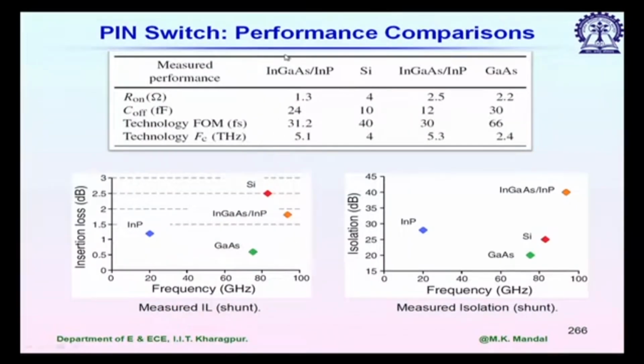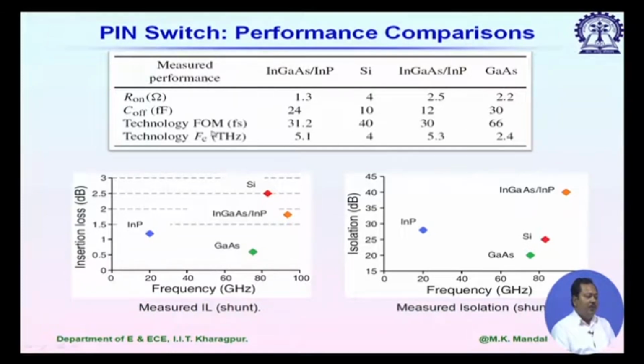So, pin switch performance comparisons in different technologies. We have some available switches from the market, and here we are comparing the figure of merit values. We have indium gallium arsenide or indium phosphide based devices, silicon based devices, and gallium arsenide based devices.